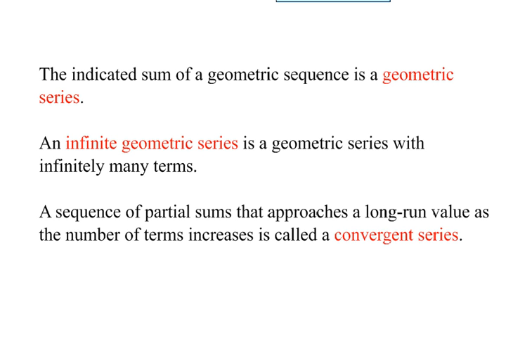Each one of these definitions ties back to the example of Jake eating the pie. The first one is just like asking, what was S sub 4? How much pie did Jake eat in the first 4 days combined? The second one is just like part C from the example that said, well, what if Jake lives forever?